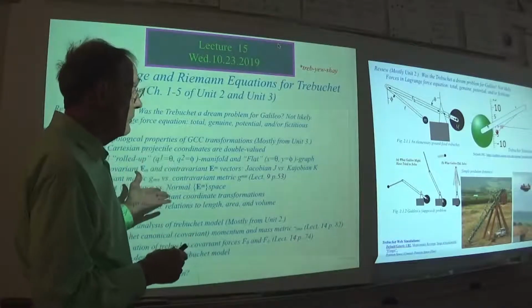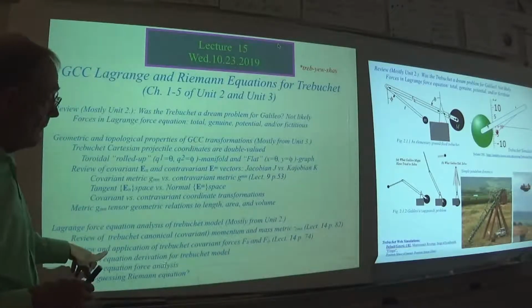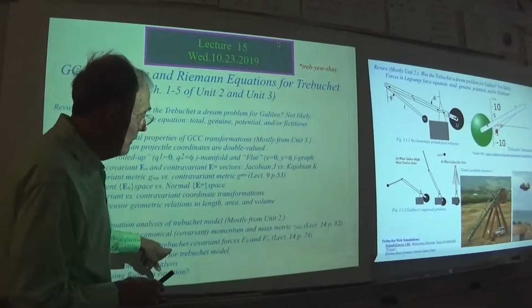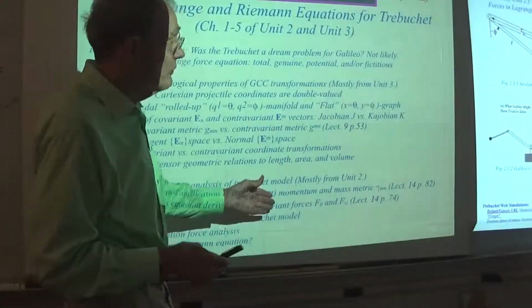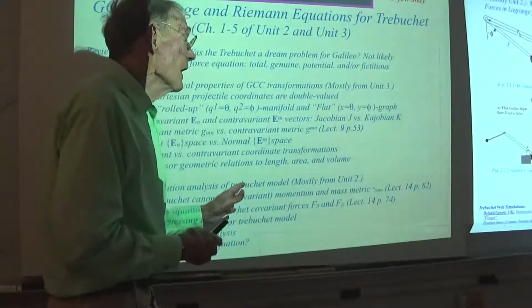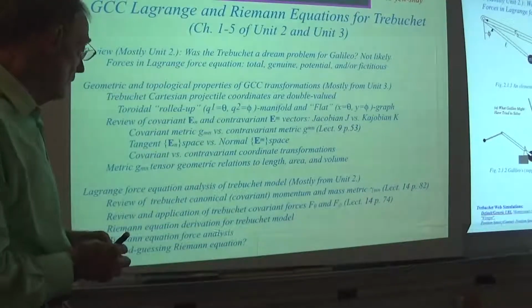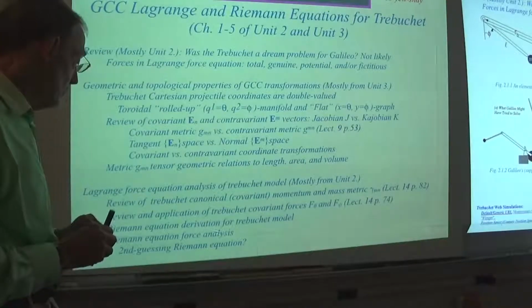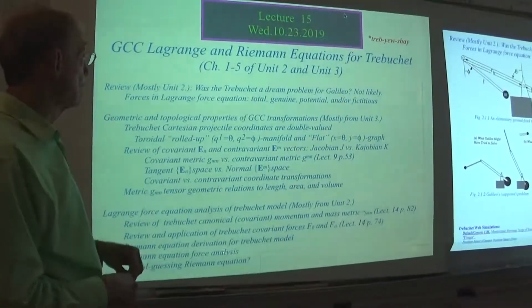So that's what most of today's lecture will be. At the end, when we get the Riemann form for the equations of this device, I want to try to second guess this. Now this is something that's in the textbook, and it's probably better for you to read it, but we'll try to make it to that point.